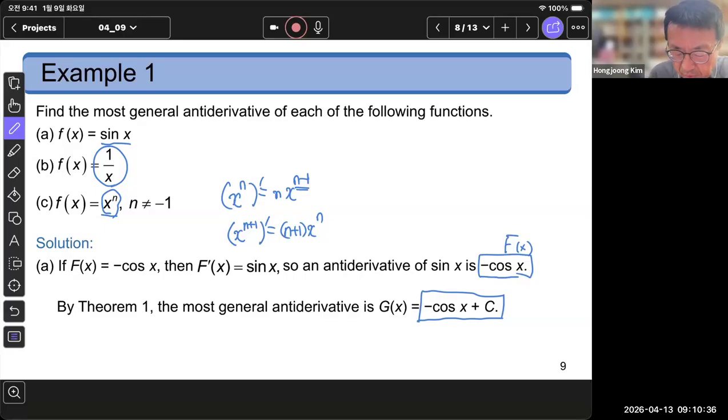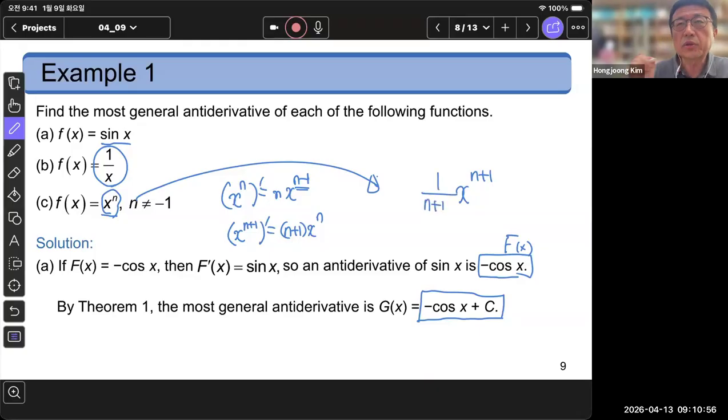In other words, before the differentiation, I need the n plus first power of x, and then after differentiation, this n plus 1 must be cancelled. So probably I need 1 over n plus 1 so that once I differentiate this function, you get x to the n. So this is one of the antiderivatives. So to get the general antiderivative, I need to add c.